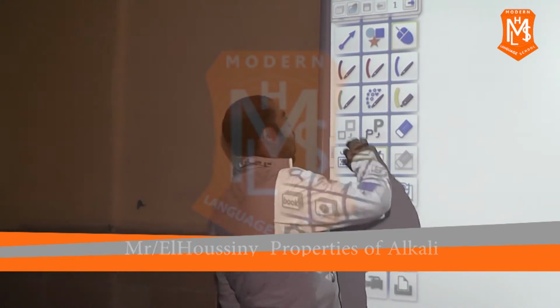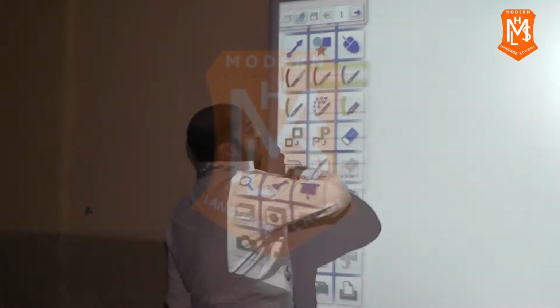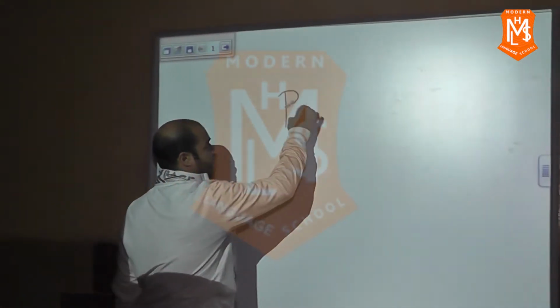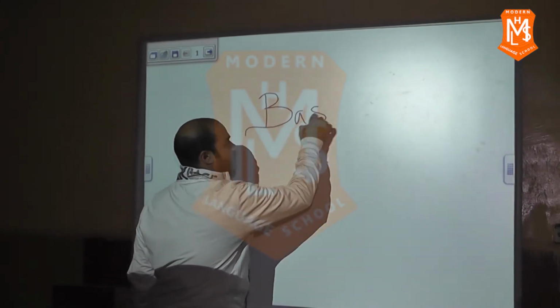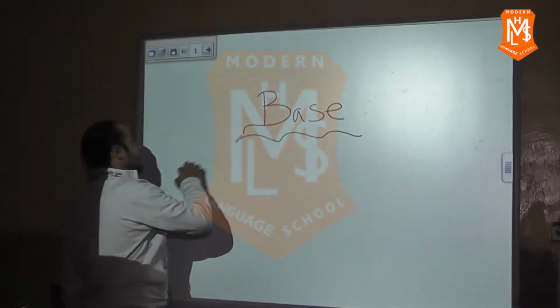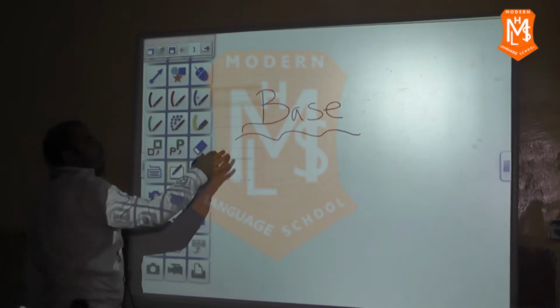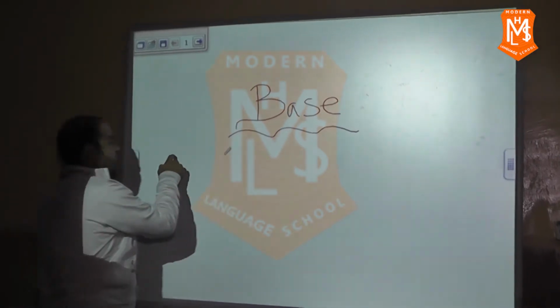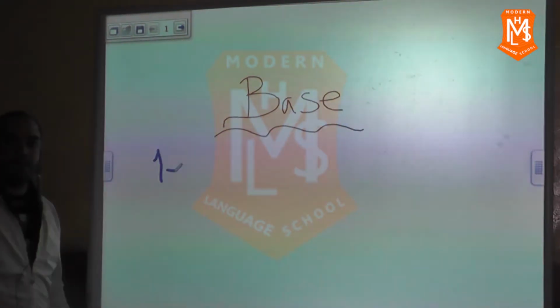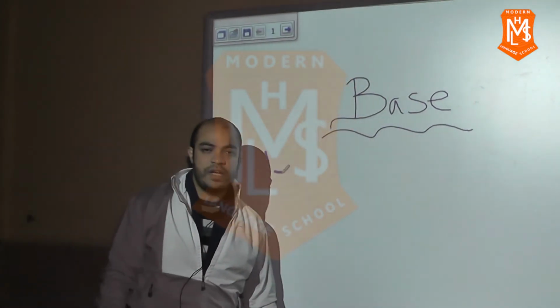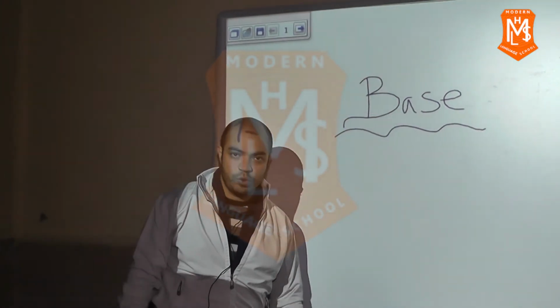As we know from the previous stage, a base has many properties. Number one, when we add litmus paper or litmus solution to a base, it changes its color into blue.